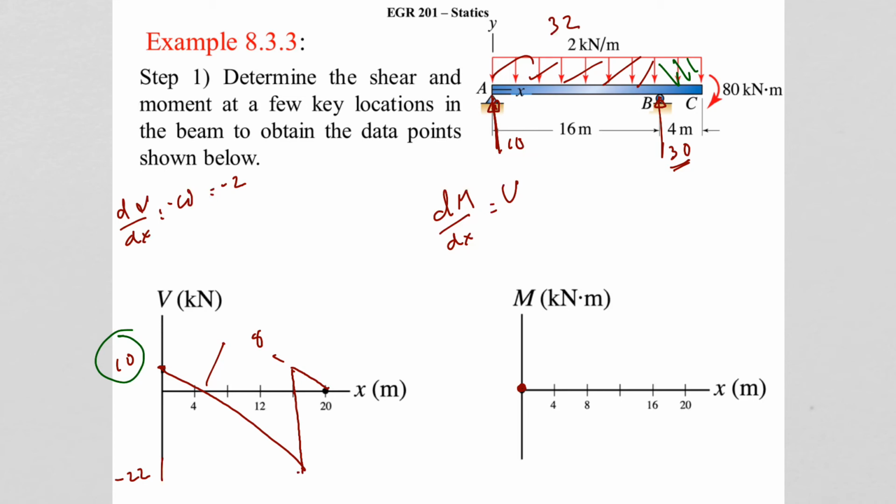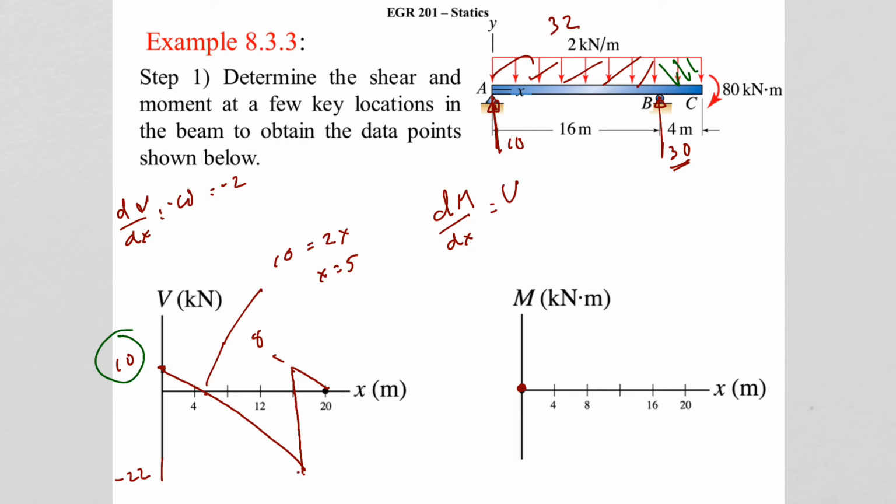And also we see that on either side our slope changes. So we start out at 10, it goes down to essentially 0 for our moment slope, and then it continues on down to a negative 22. That location, if we want to find it, we're starting out at 10. It will go down to 0 at a rate of 2, so x equals 5.